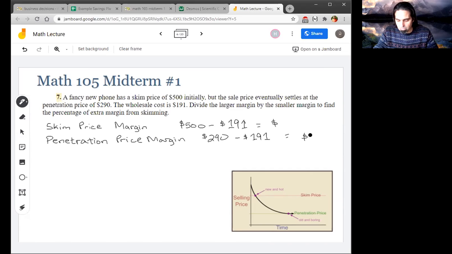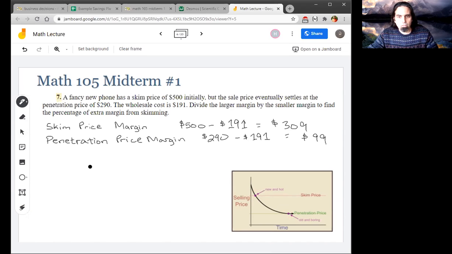Okay, I'm not trusting my mental math. So 309. And 99. So we found the two margin amounts. Initially, they were making 309 bucks each time they sold a phone. Now they only make 99 bucks.